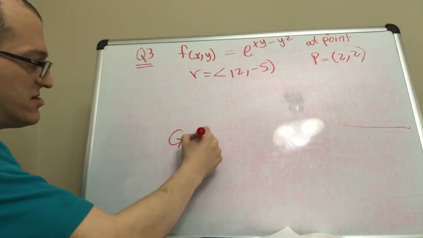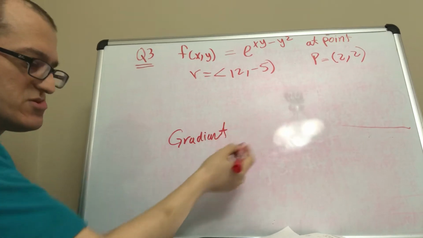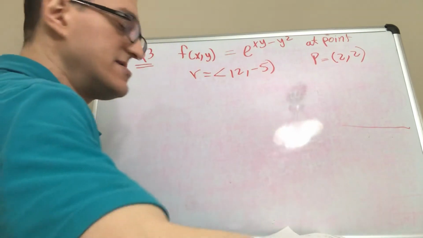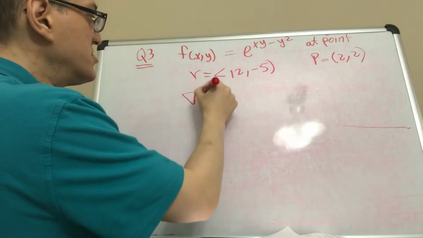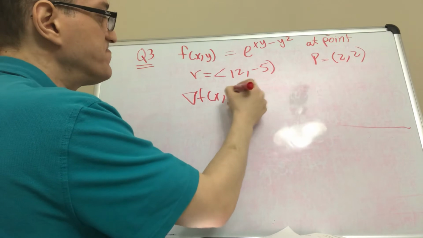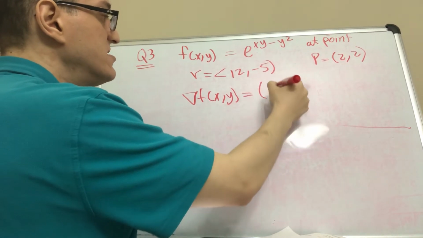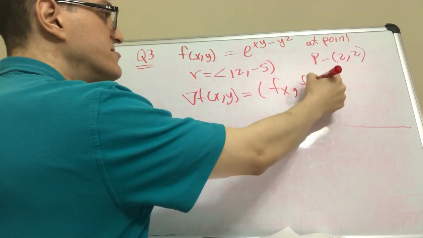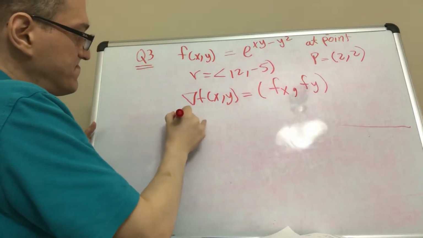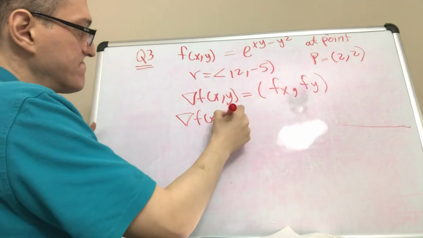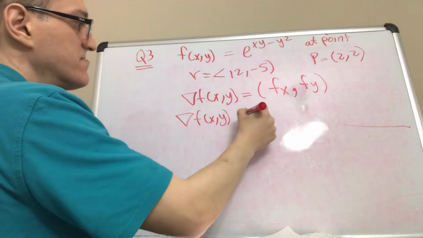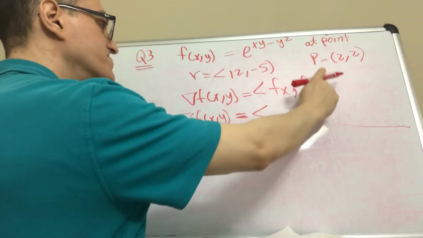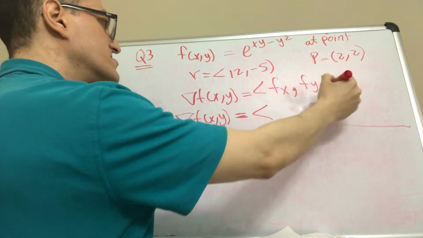I'm just going to write it down. We're going to do a gradient. It's called the derivative of the rate of change. You find the derivative with respect to x and the derivative with respect to y. It's a vector, so we have to indicate it's a vector.